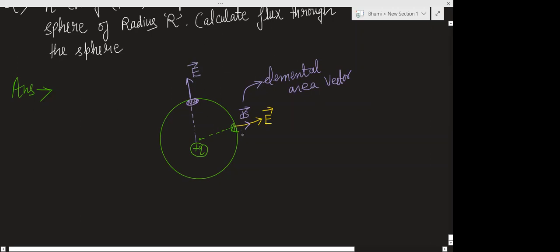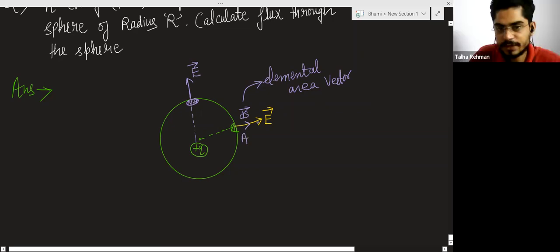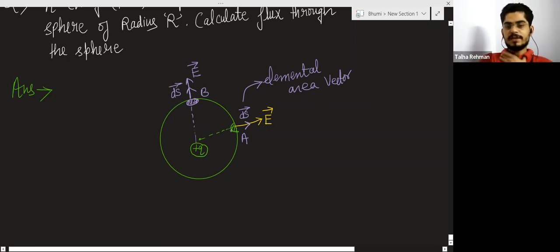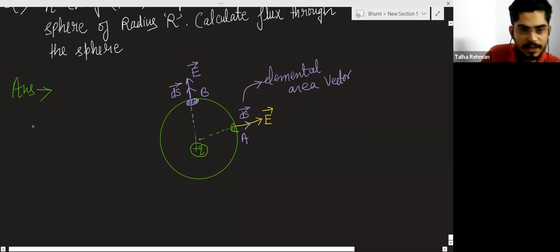At point A the direction of electric field is this. At point B the direction of electric field is this. And here also the direction of area vector is this. So you can see here the electric field is changing and the area vector is changing, so we cannot use this formula.